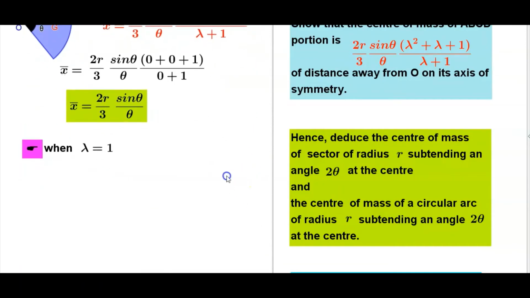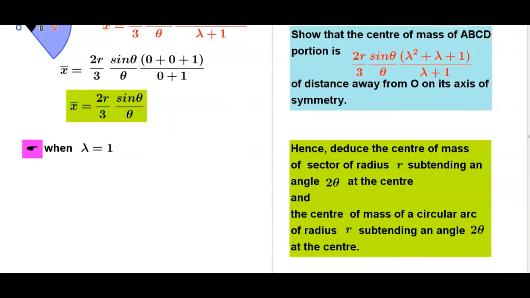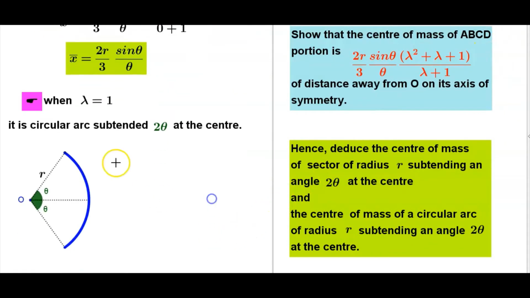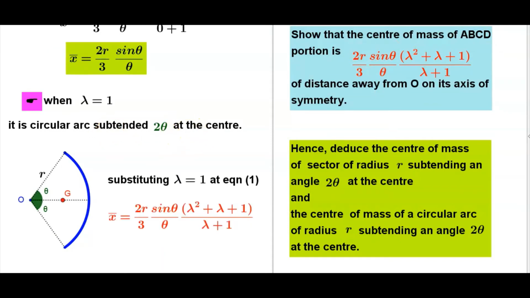When lambda is equal to 1, it is a circular arc subtended 2 theta at the center.